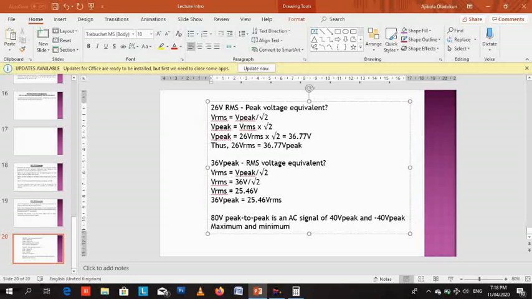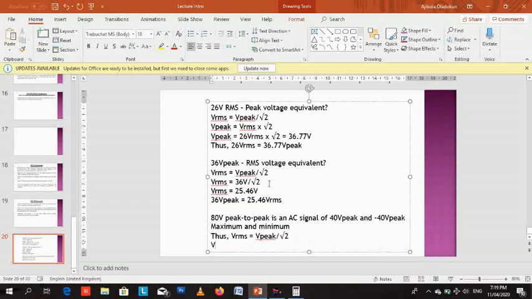So the V peak to peak contains both maximum and minimum. If you want to extract your V peak from your V peak to peak, just divide by 2. So for an 80 volt V peak to peak AC signal, your V peak is 40 volts. That's your maximum, and your minimum is minus 40 volts. Simply divide 80 by 2.